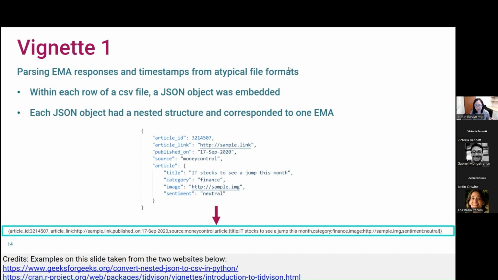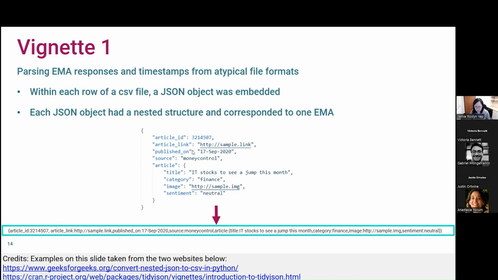And each JSON object had a nested structure which corresponded to one EMA. Here I'm showing you what a typical JSON object looks like. As you can see, it looks like a crosswalk, right? You have article ID, a colon, and the actual value. You have the article link, a colon, the actual value.